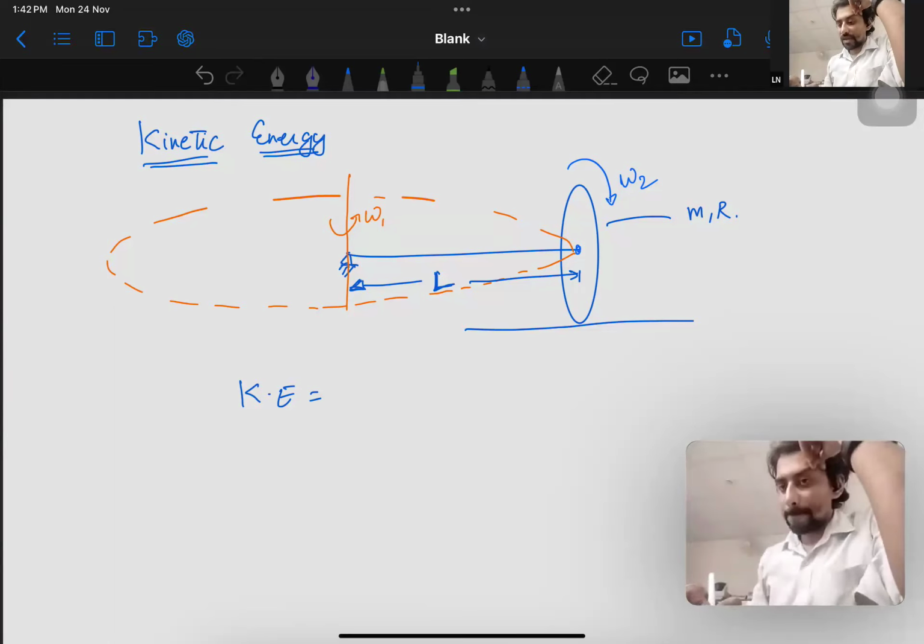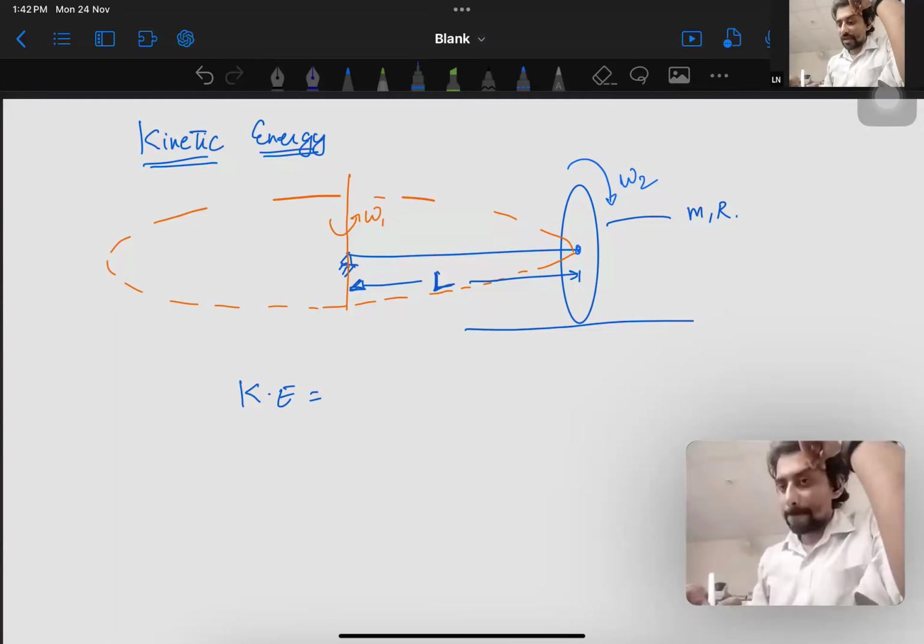The KE of rotation about the axis called axis number one. Which one is axis number one? This one. And which is axis number two? This one.